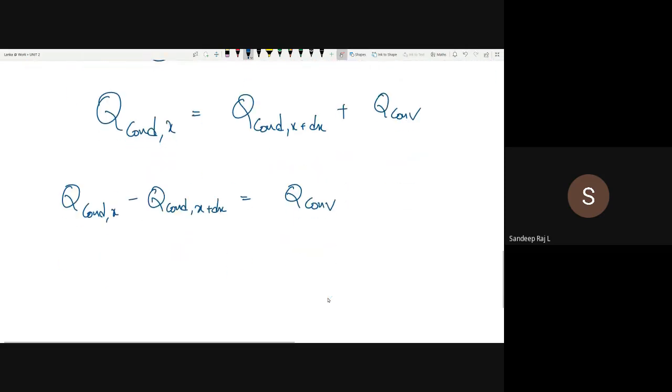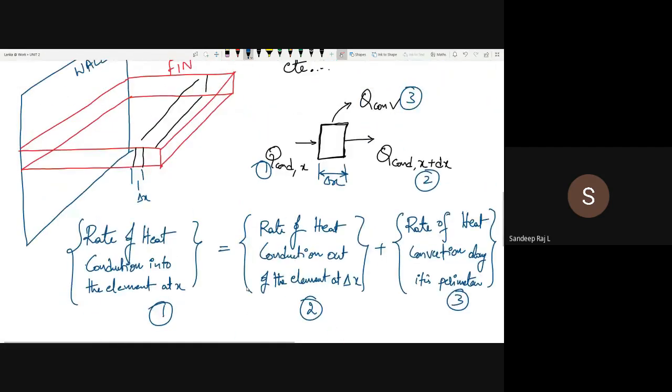This convection, what I'll do is write it using the formula for convection, which is h A delta T, that is T minus T infinity. So if I take A here, what will be my A? In A, one dimension is delta x. The remaining dimension is this one. What is this?